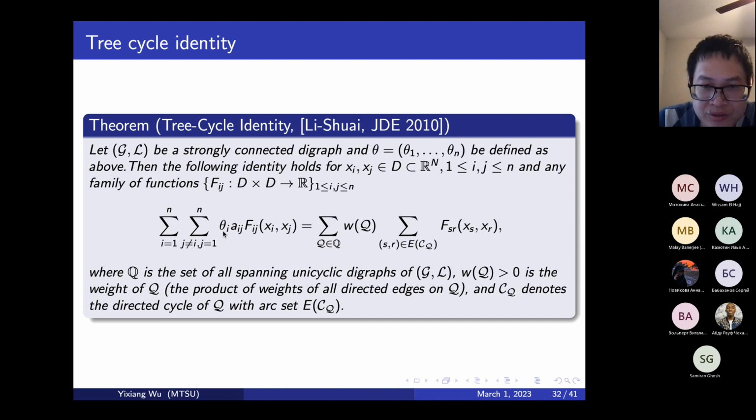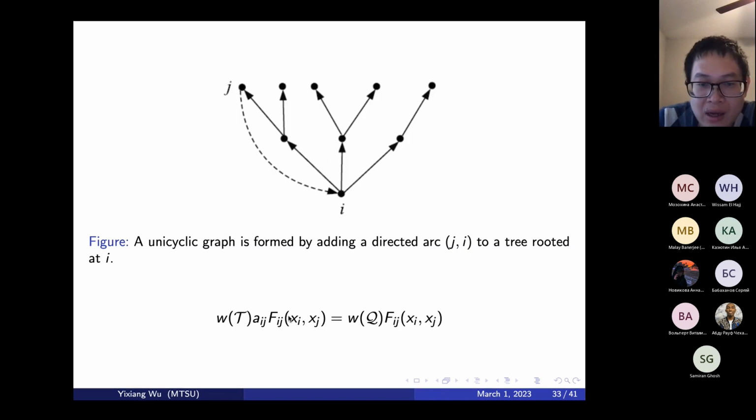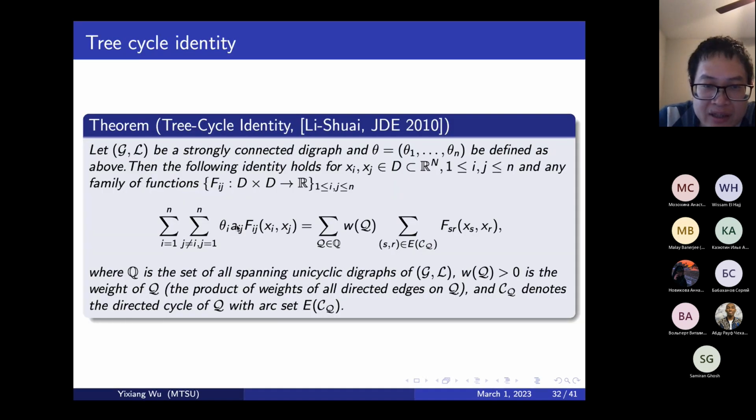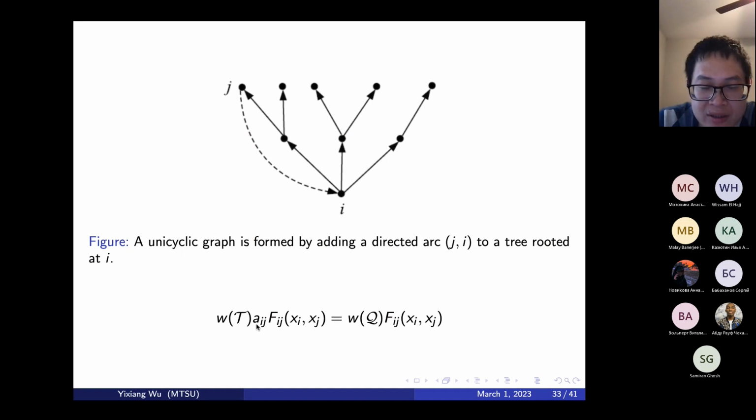Let's say W(T) is the weight of this tree, and then you multiply by Aij.